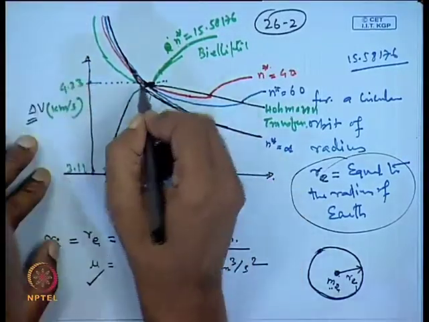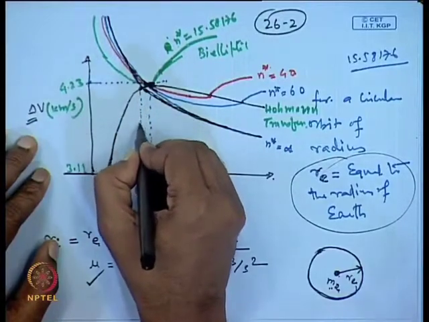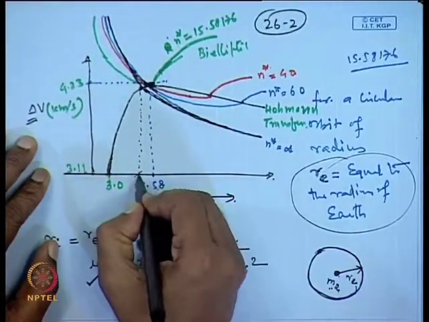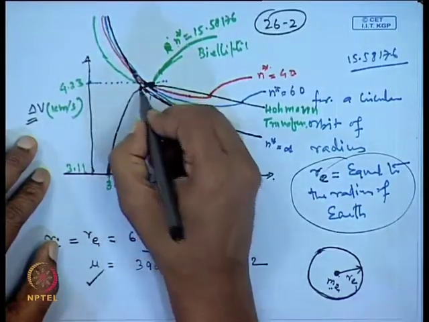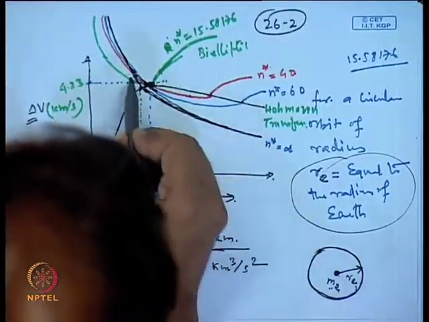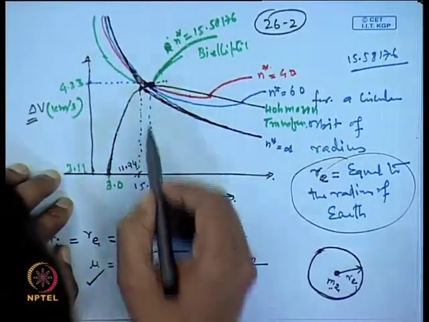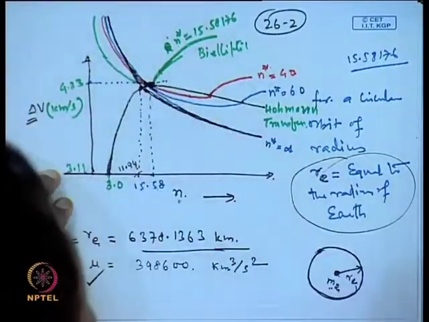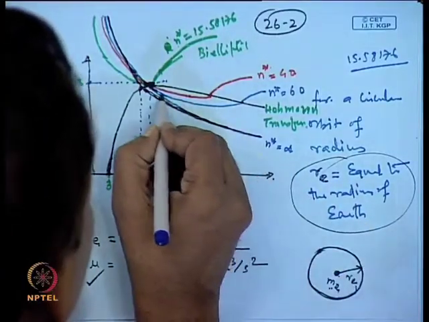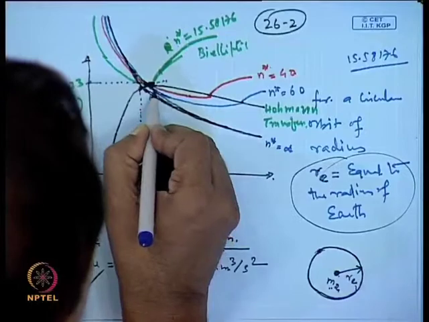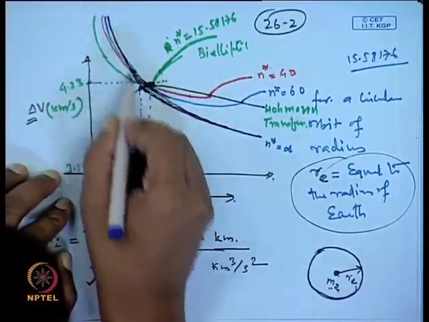Earlier we have found out the crossing point for the Hohmann transfer curve and the bielliptic transfer curve, and this point turned out to be 11.94. Okay. So, for n star equal to infinity, this curve cuts here in this point, and thereafter the other curves with other parameters, for example n star equal to 60, also do not pass through this point, rather they go to the right of this black line which is coming from here to here.